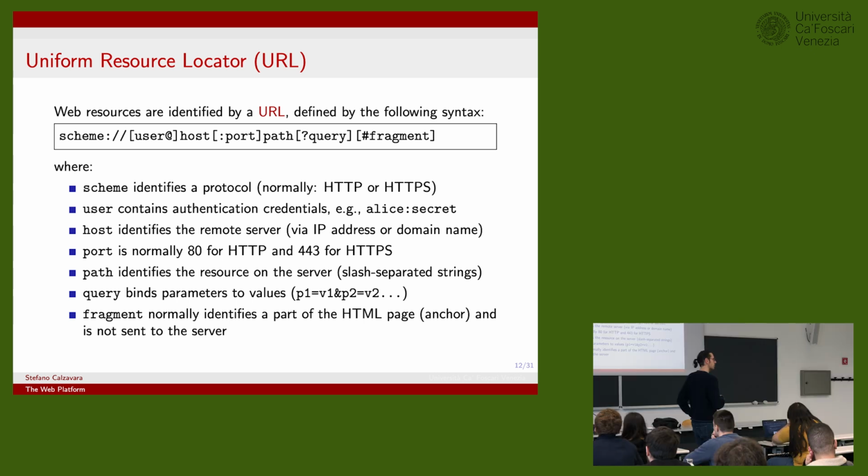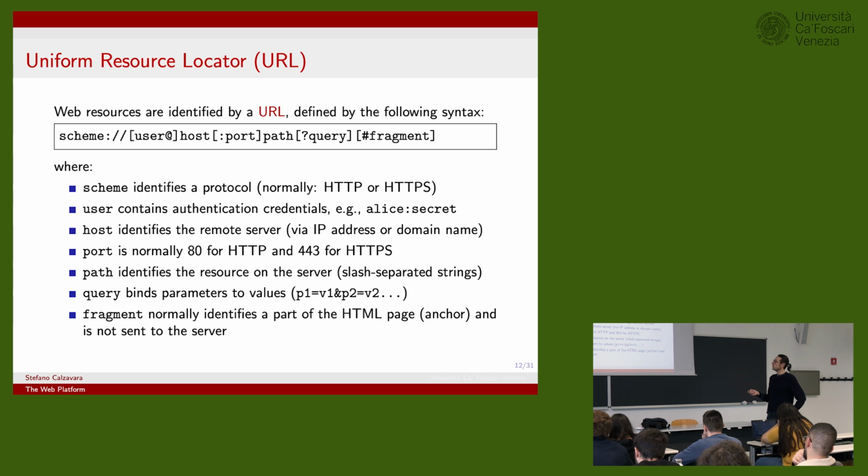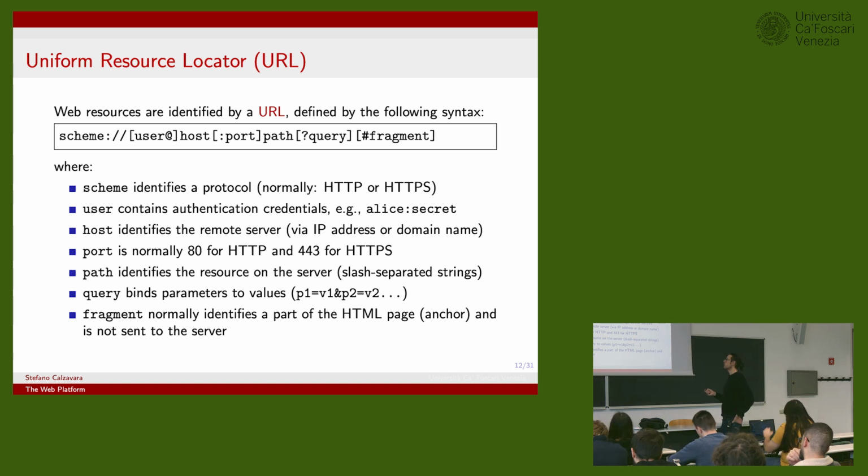Parameters are normally separated using an ampersand, but this is not part of the standard. It's a kind of de facto standard, but you can put whatever you like into the query string. The most common syntax is parameter 1 equal to value 1, ampersand, parameter 2 equal to value 2, etc. As many parameters as you like.